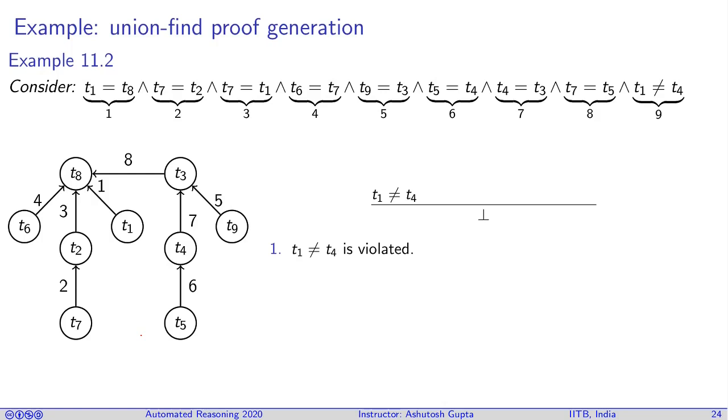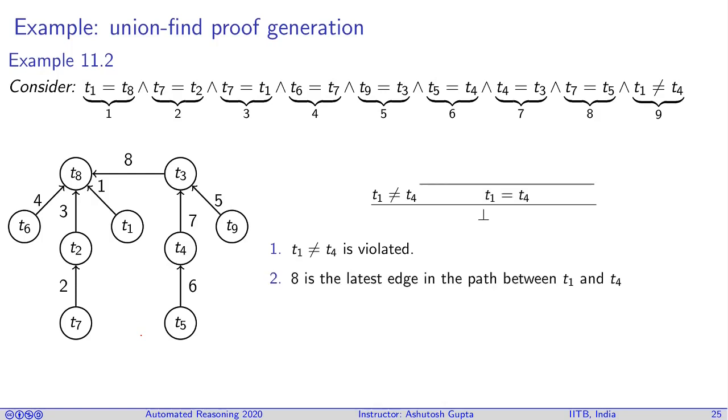So what contradicts T1 not equals T4? T1 equals T4. So let's see who brought T1 and T4 into the same equivalence class. You just look at T1 and T4, draw the path, and the latest edge is 8. So 8 is causing T1 and T4 to join the same equivalence class.